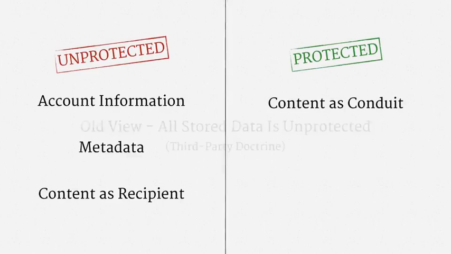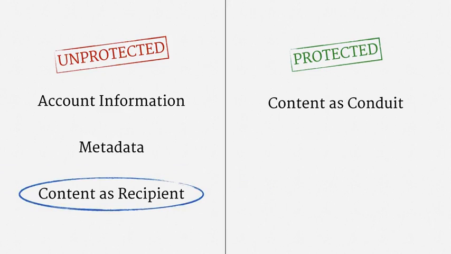As we saw earlier, the third-party doctrine eliminates Fourth Amendment protection for information volunteered to a business. That includes account information, communications metadata, and communications content where the business is a recipient. The old view was that in order to store content with a business, you had to volunteer that content to the business.